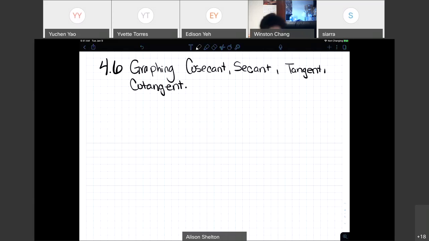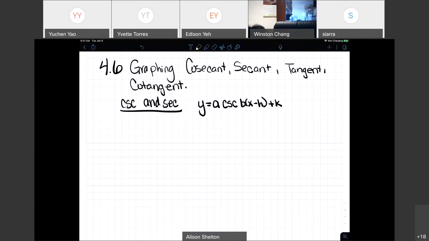So, starting with cosecant and secant. We're dealing with y equals a times the cosecant of b times x minus h plus k, and y equals a times the secant of b x minus h plus k.